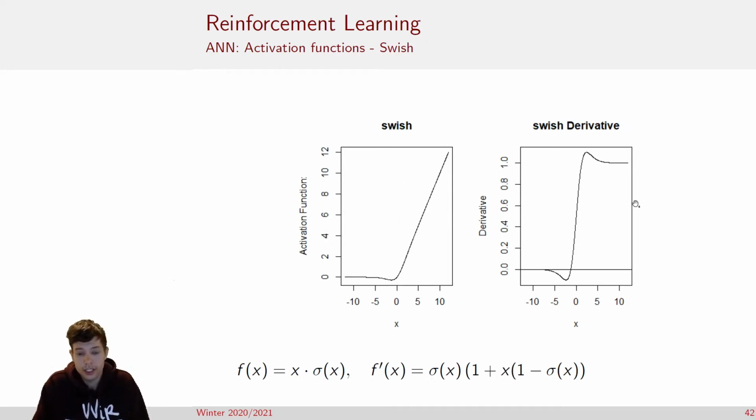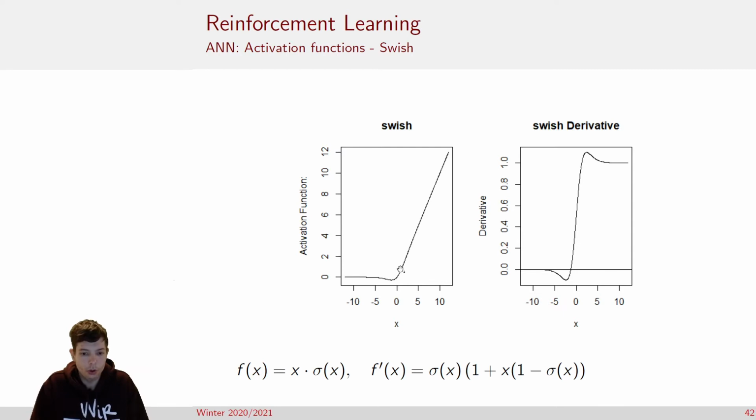A third function that has gained much importance, especially since Google published a paper on image recognition using it, because it worked pretty well in their paper, is the Swish function, which is just x times the sigmoid of x. So we have a lower part going from minus infinity to roughly 0, where the function is close to 0.